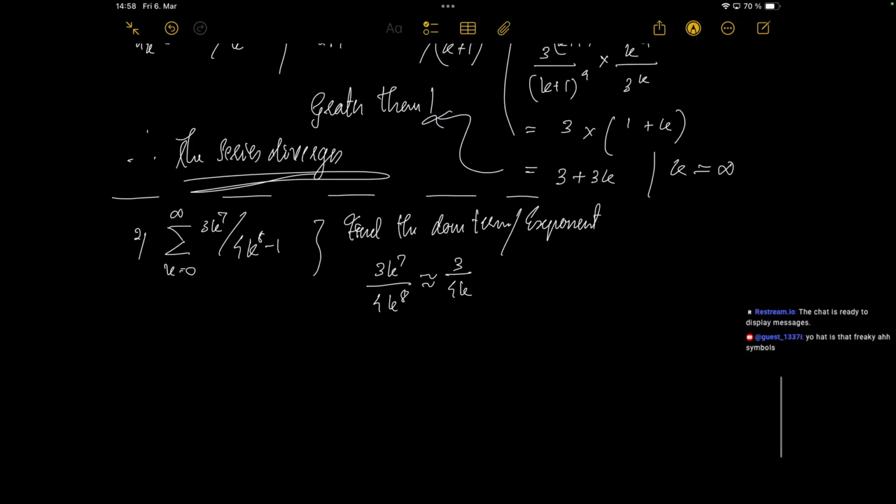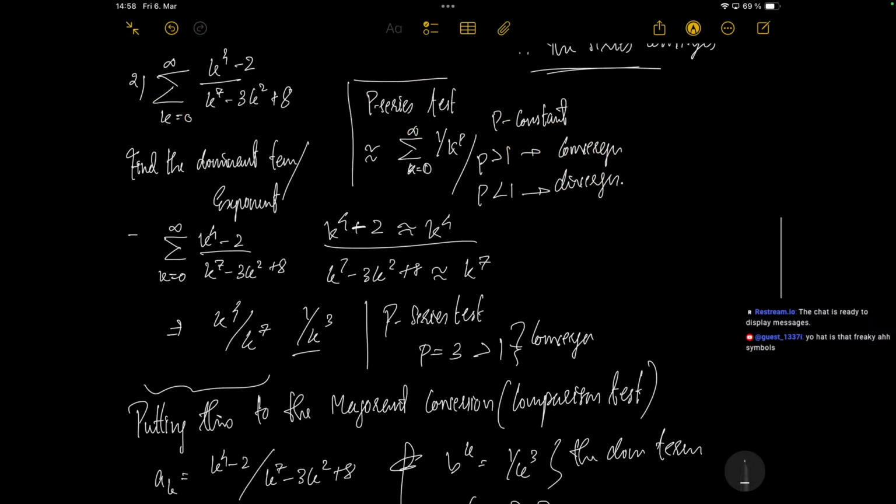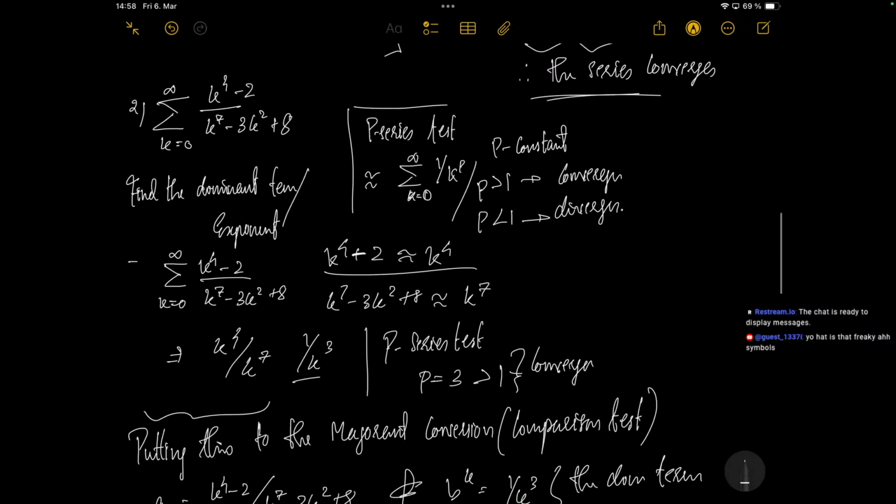I don't know. From the P series test, P equals 1. Wait, what was the P series test? So p is greater than 1, p less than 1. So it's literally 1.